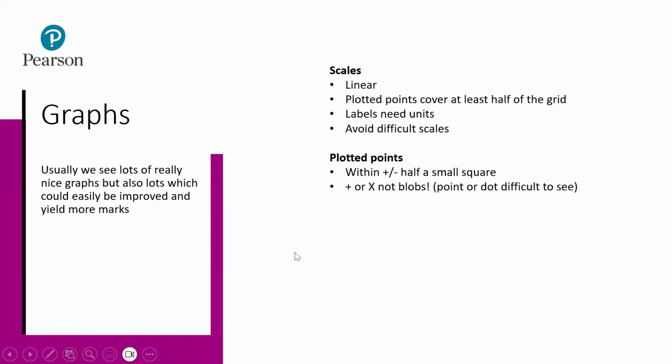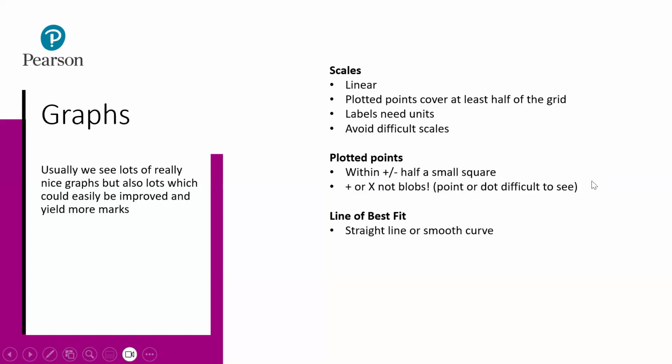And just a practical point, as I've said, the papers are scanned in. Some of them will tend to put a small dot or a point, and very often it's difficult to spot those on the scan. So I'd much prefer if they use a cross of one form or another to mark their points, not big blobs, because that isn't accurate and we will often deduct a mark for that.